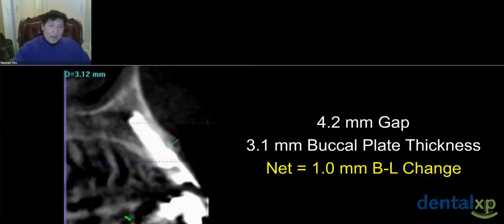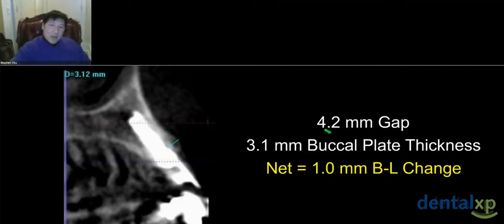Now if you look over here, this is again a CBCT of the implant before it was removed. The CBCT says that there is bone fill to the top of the implant, and the dimension of the buccal bone plate after healing is roughly 3 millimeters in dimension.